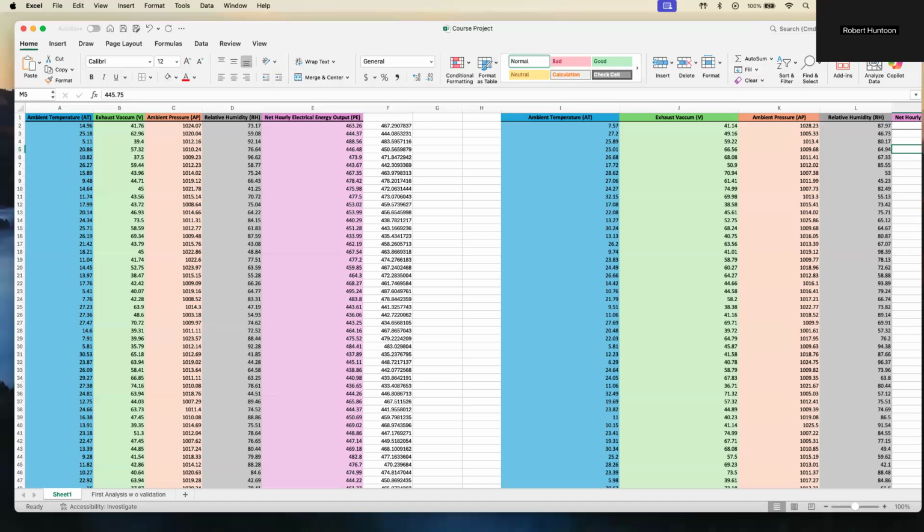Next, we were tasked with determining which possible features we may or may not want to use, and identifying algorithms we may want to consider. In this project, we were given four input variables and an output variable. I determined that the features we want to use are ambient temperature, exhaust vacuum, ambient pressure, and relative humidity.